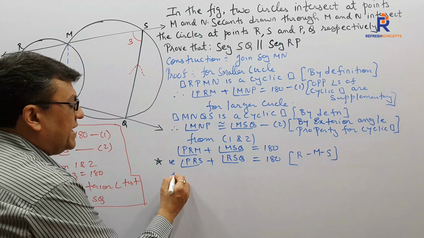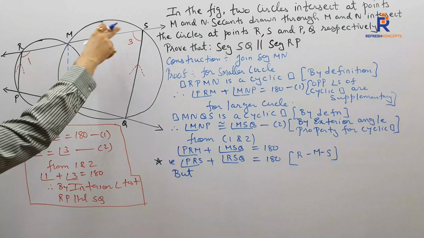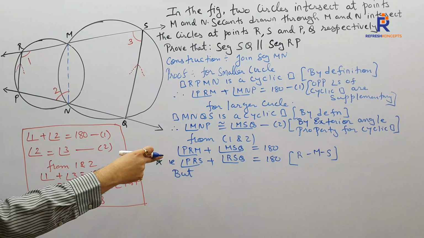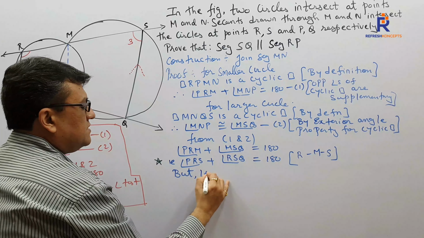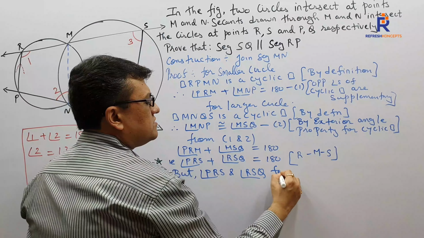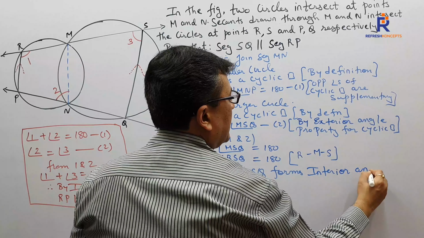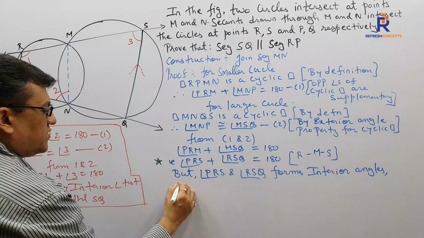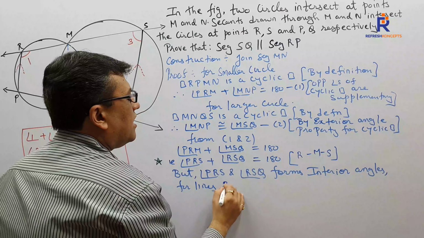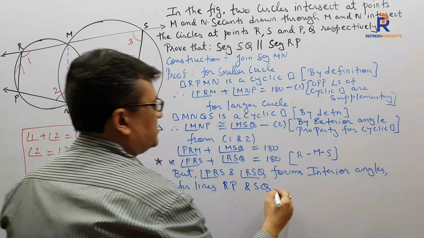Now you have to say, but what are these two angles forming? Angle PRS and angle RSQ form interior angles. For which lines? For lines RP and SQ, and RS as a transversal.